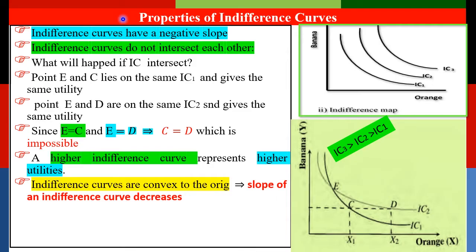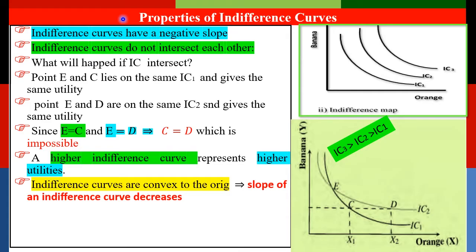The indifference curve, on the other hand, shows the various combinations of two products, again, which give the same level of satisfaction for the consumer. And the third one is the indifference map. An indifference map is a group or a set of indifference curves. The higher indifference curve represents the higher utility. We said that.